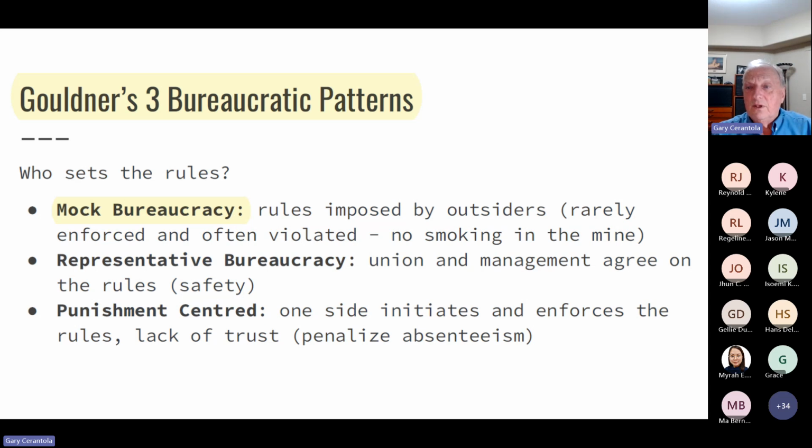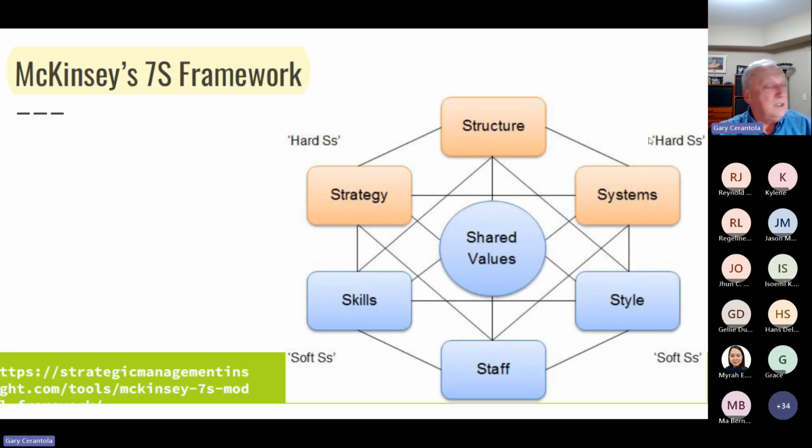Right? Okay, so I wanted to talk about the McKinsey 7S framework, and the biggest reason for me is that I've used this for years and years, and it's the best framework that I've ever used to evaluate the internals of an organization.